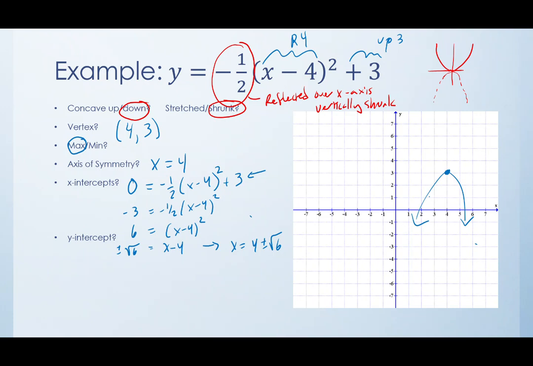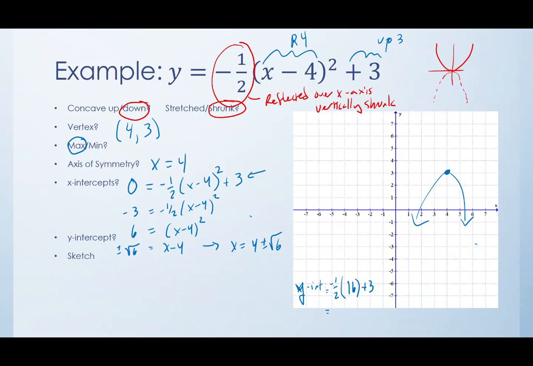Now the y-intercept, that one's easy, right? We're going to plug in x equals 0. So we've got negative 1/2 times (0 minus 4) squared, that's going to be negative 4 squared, which is 16, plus 3.